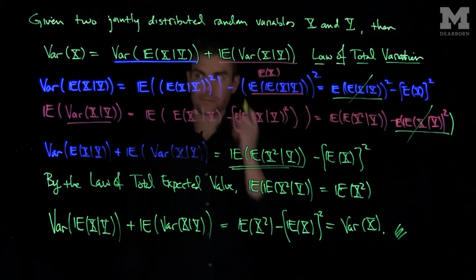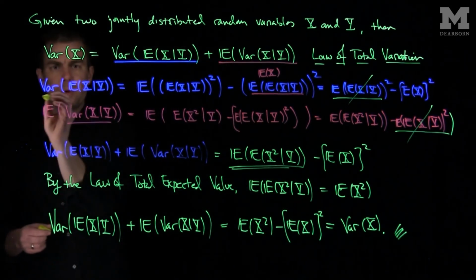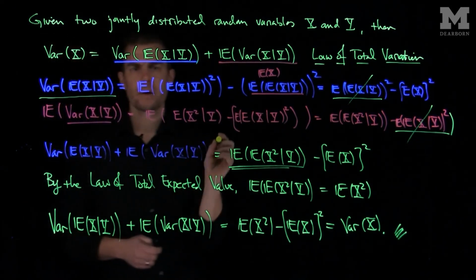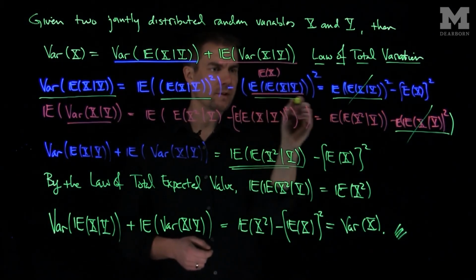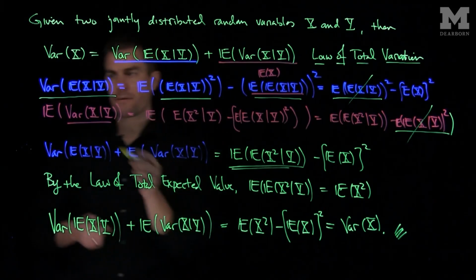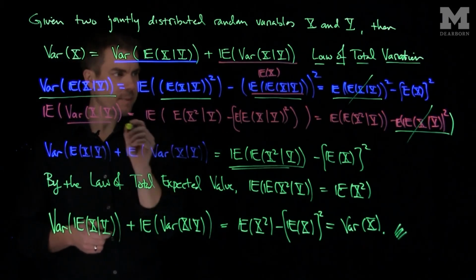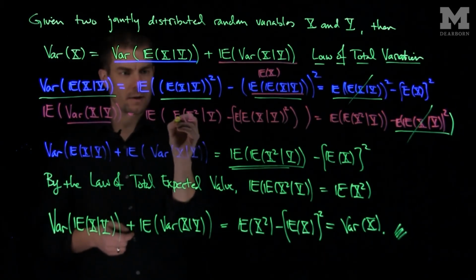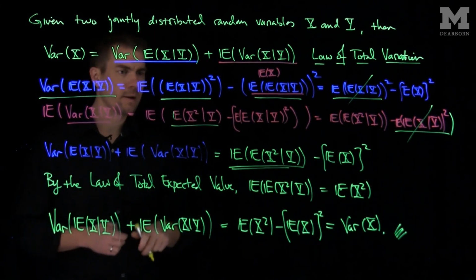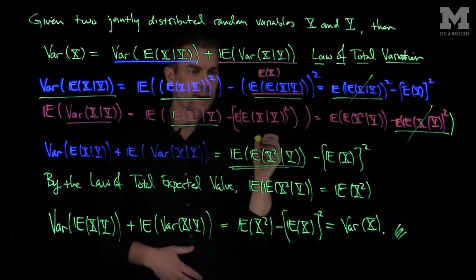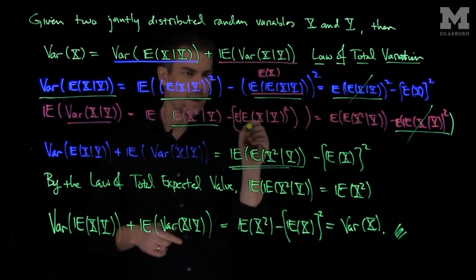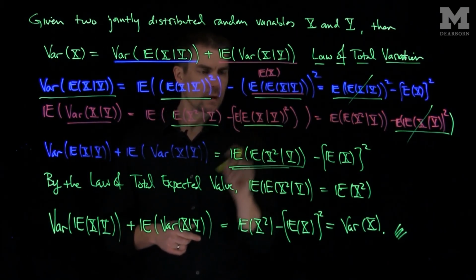So to summarize, when we compute the variance of the expected value, that is the expected value of the square of that random variable minus the square of its expected value. And when we find the expected value of the variance, that's the expected value of the whole quantity of the expected value of X squared given Y, minus the expected value of that random variable, X given Y, squared.